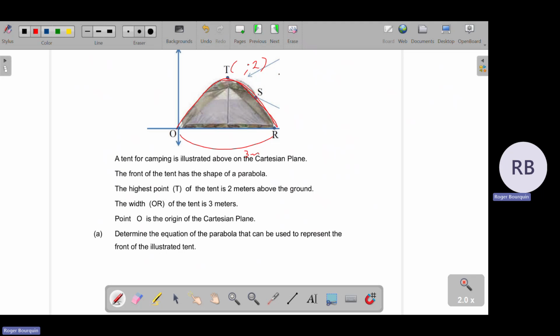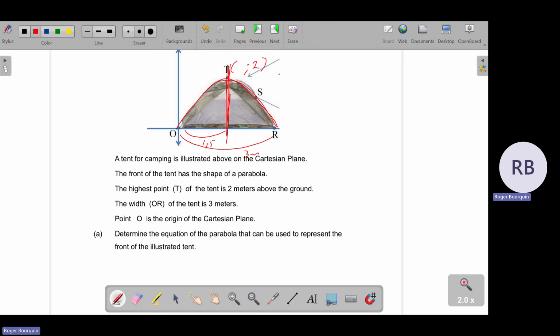Now you've got to use symmetry, guys. And this is what a lot of you miss. Have a look here, please. Parabolas are symmetrical about what? About the axis of symmetry. Here's your axis of symmetry over there, that line. That total distance is 3, so what's halfway? 1,5.